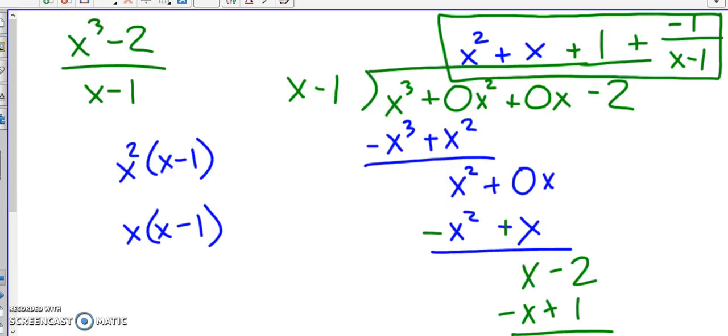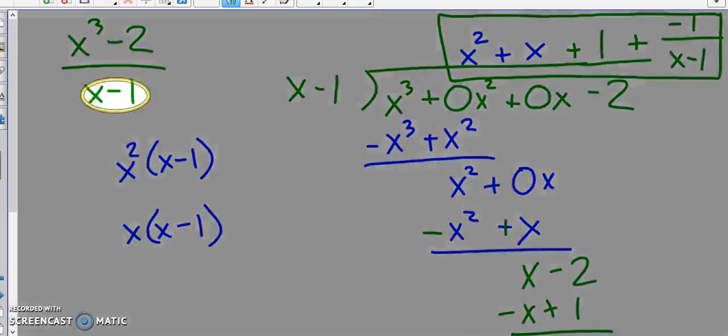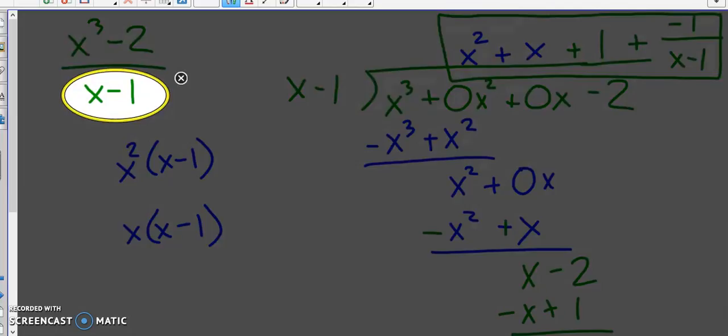And I'm going to show you side by side how this would work. Since this right here is x minus 1, we're going to change the sign on that. The reason we change the sign on that 1 is because remember, we changed all the signs throughout when we were subtracting.